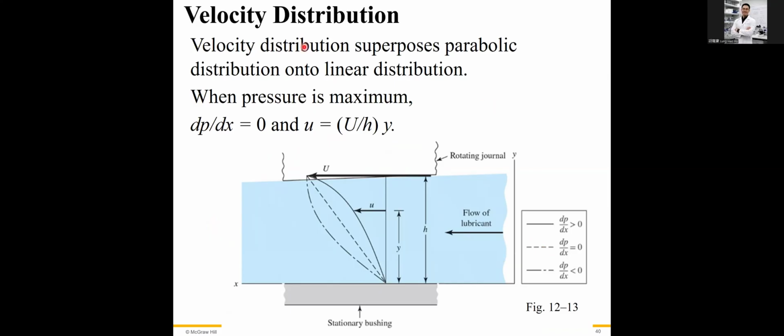So we got this velocity profile. The velocity distribution superposes a parabolic distribution onto the linear distribution.